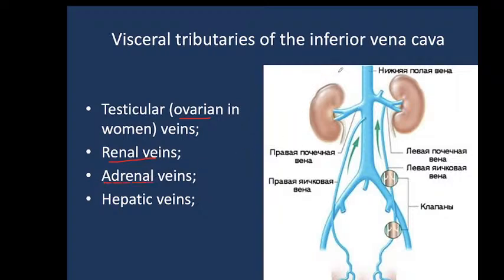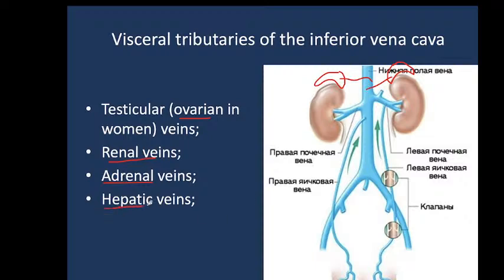Adrenal veins come from the organs located on the superior surface of the kidneys, which are endocrine glands, and they also have veins coming into the inferior vena cava.